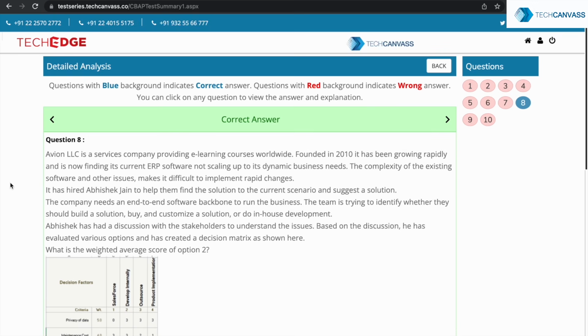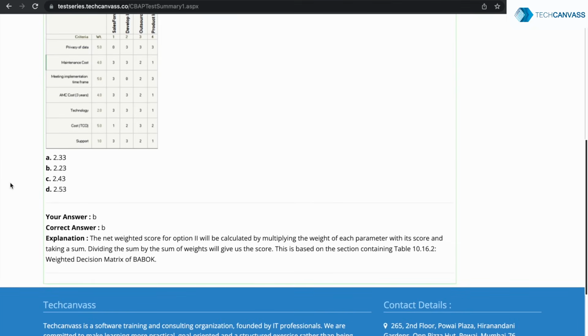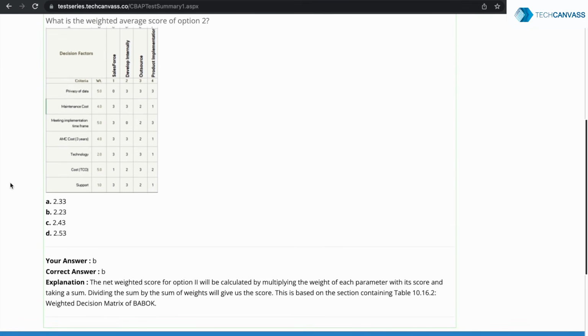Here is the justification for the correct answer. It says the answer is 2.23. How can you come up with this answer? The explanation says the net weighted score for option 2, which is developed internally, will be calculated by multiplying the weight of each parameter with its score and taking a sum, which means you have to focus on this second column, which is option 2.